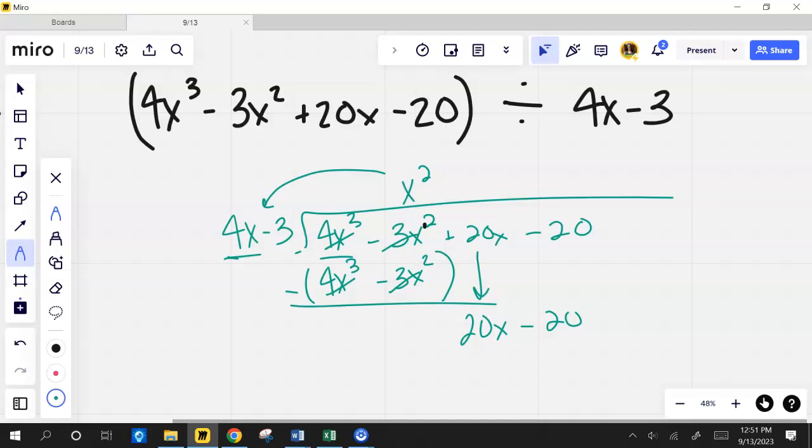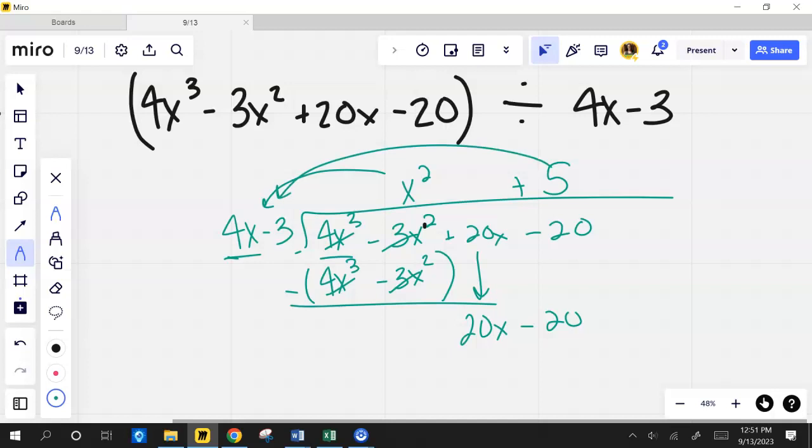Divide 20 by 4. So what do you have to multiply 4 by to get 20? By 5. Now what? Now you gotta take the 5 and bring it down.